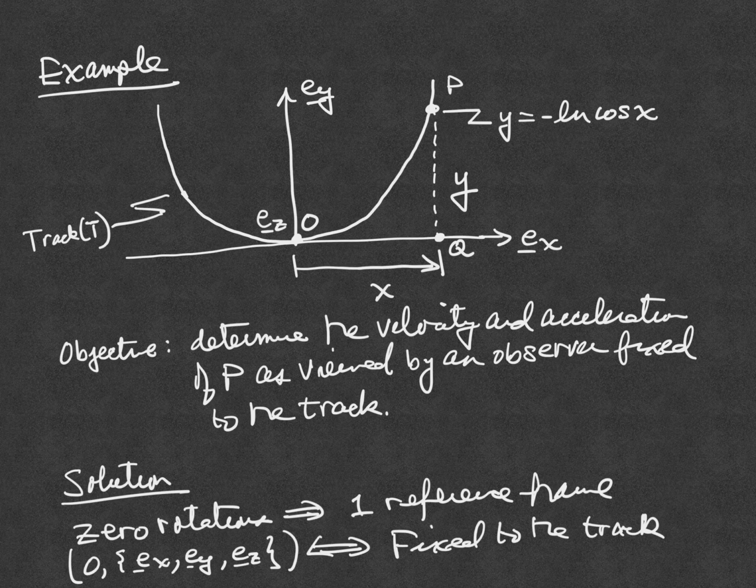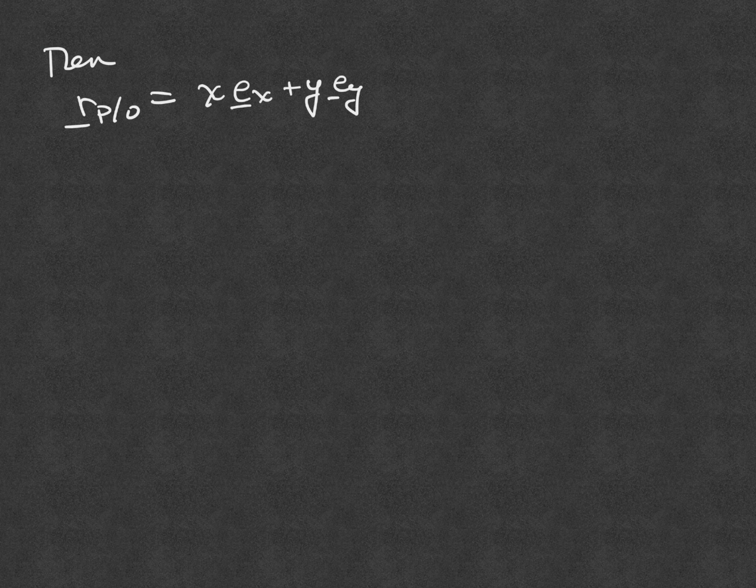So we actually don't even need to define any frames and coordinate systems because they've already been defined, and we can just go straight into working with the position and then differentiate to get the velocity and move forward from there. So then we know that the position of P relative to O is equal to x EX plus y EY, which is equal to x EX minus the natural log of cosine of x, EY.